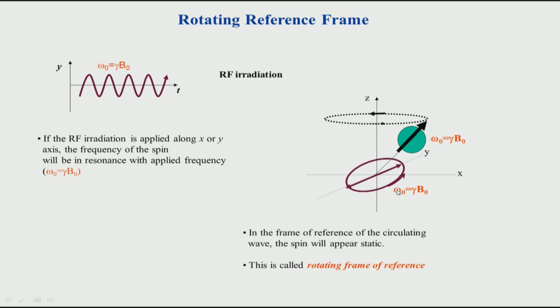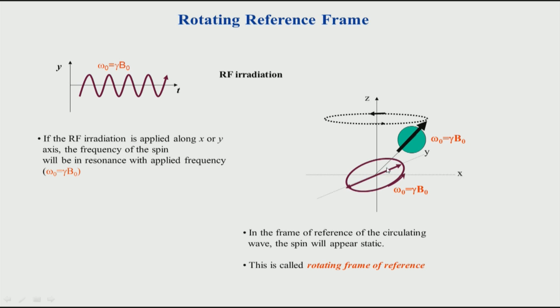Both of them are going around in this direction at the same speed. This is called resonance, or on resonance. So, if you go to the frame of reference of this rotating magnetic field, then this spin appears static, because remember we looked at an example that if two trains are moving at 100 kilometers per hour, and you are sitting on one train, for you the other train will look static, it is not moving at all.